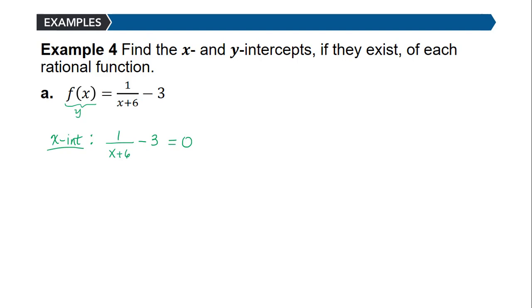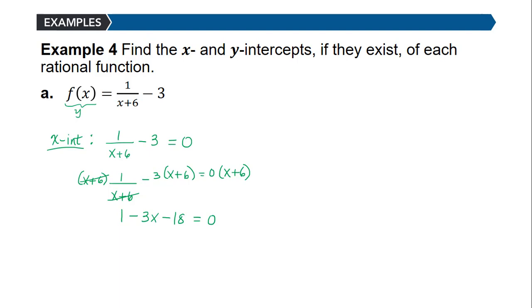If we multiply this equation through by x plus 6, we get x plus 6 times 1 divided by x plus 6, minus 3 times x plus 6, is equal to 0 times x plus 6. Simplifying, we get just 1, then distribute the minus 3 to get minus 3x minus 18 equals 0.